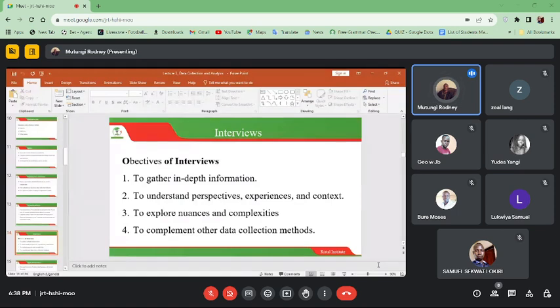Then, apart from surveys, we can have interviews. And the objective of these interviews, especially when they are in-depth interviews, is to gather in-depth information, understand perceptions, experiences, and context. Then they also explore those complexities and nuances.